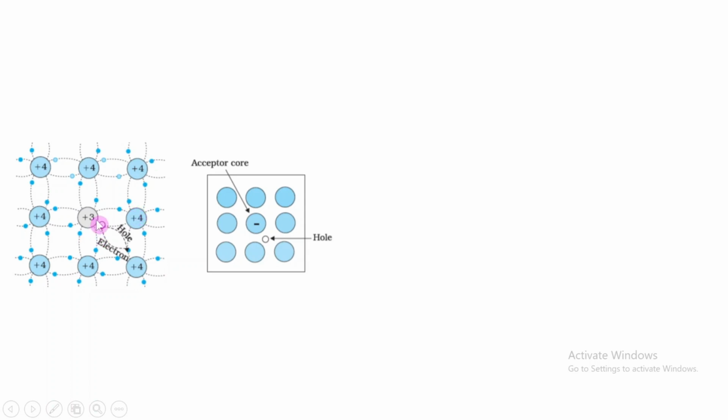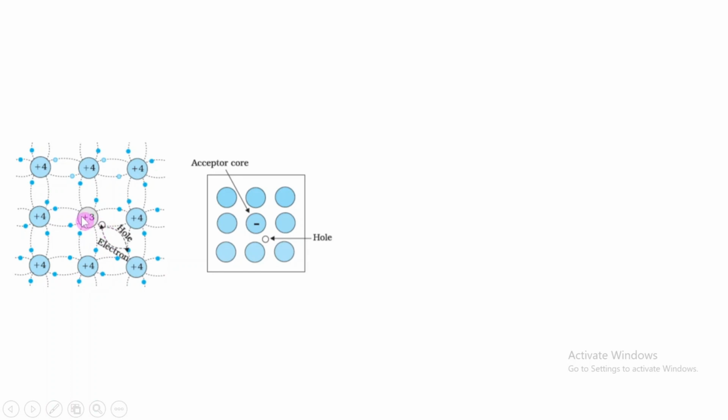Here we have the vacancy of one electron, and we call that vacancy a hole. So the hole is present here without electrons in the conduction band.